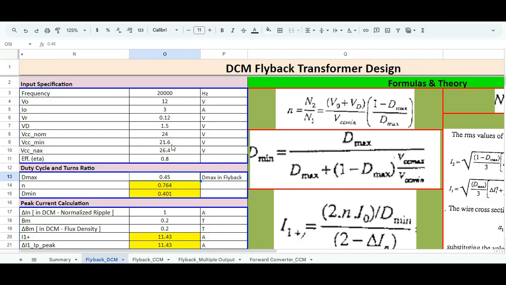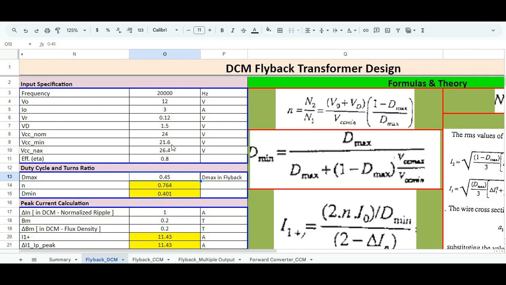So today we are going to learn about the DCM flyback transformer design. How you're going to design a DCM flyback transformer step by step, how you're going to select the transformer core, how you're going to select the wire gauge, and how you're going to completely design your flyback transformer in the DCM mode.